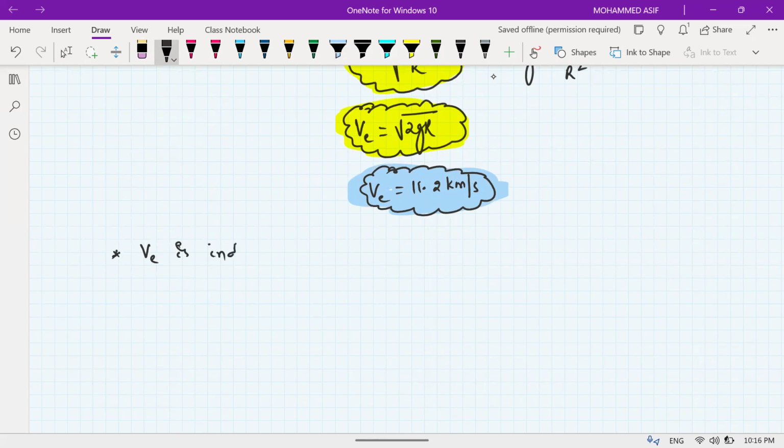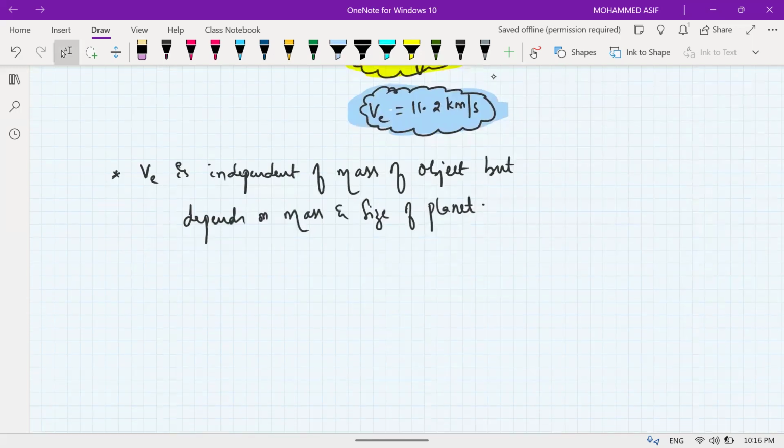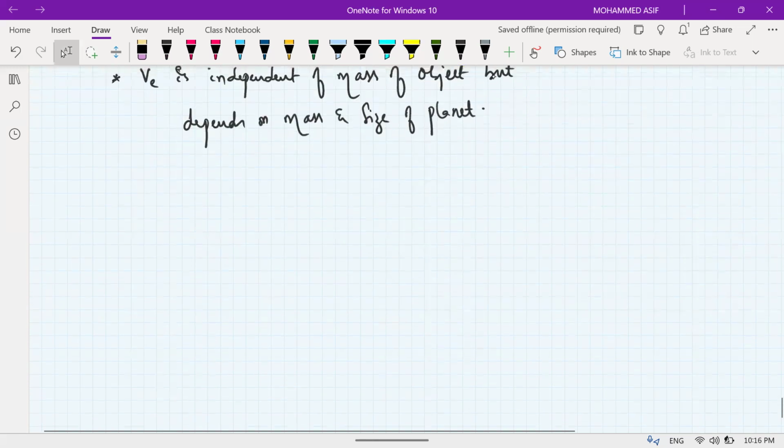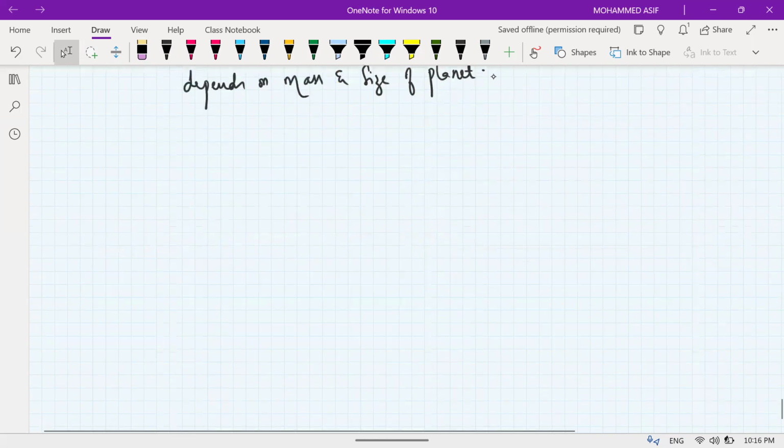I can say escape velocity is independent of the mass of the object, but depends on the mass and size of the planet. So the escape velocity on Jupiter is more than that of Earth, because Jupiter's mass is more and radius is also more. So Jupiter has more escape velocity compared to the Earth, and it is independent of what?